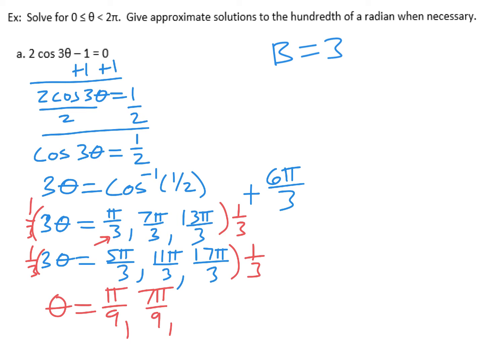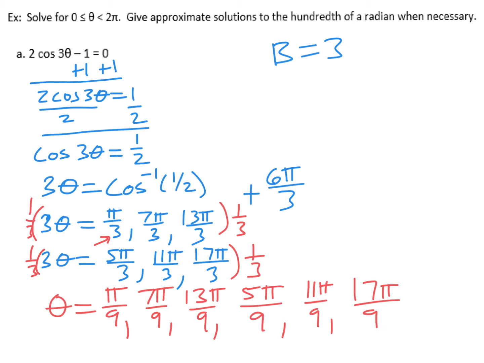These are final answers, by the way. I'm down on the bottom row now, 5 pi over 9, 11 pi over 9, 17 pi over 9, okay? And done. All done with that one.